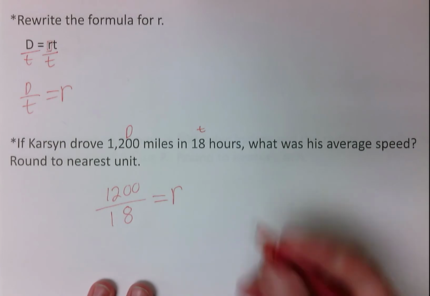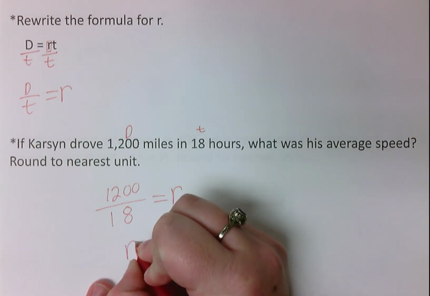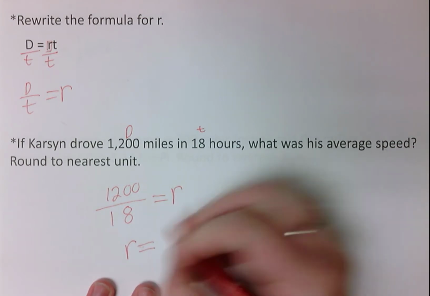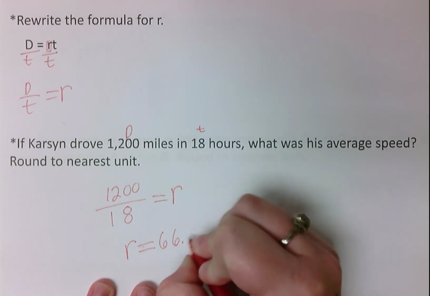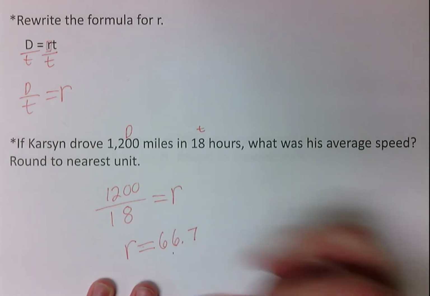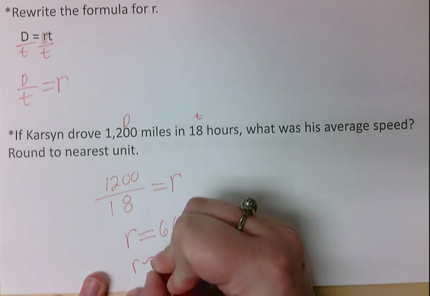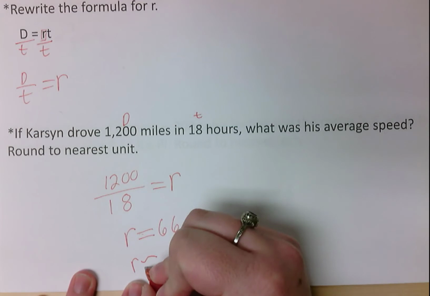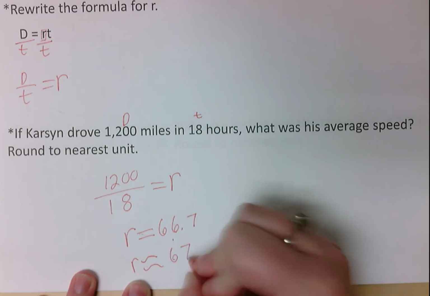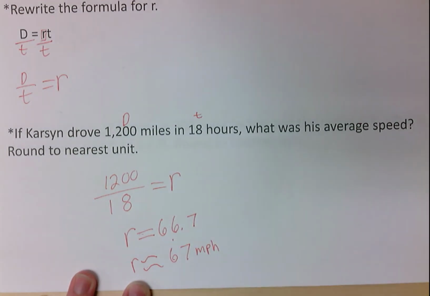And 1,200 divided by 18 gives me 66.7. Now it says round to the nearest unit, which means the nearest whole number. So r is going to be approximately 67. And that is miles per hour.